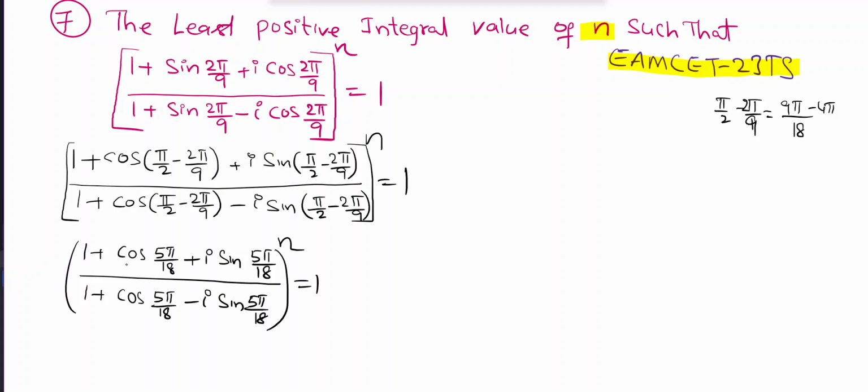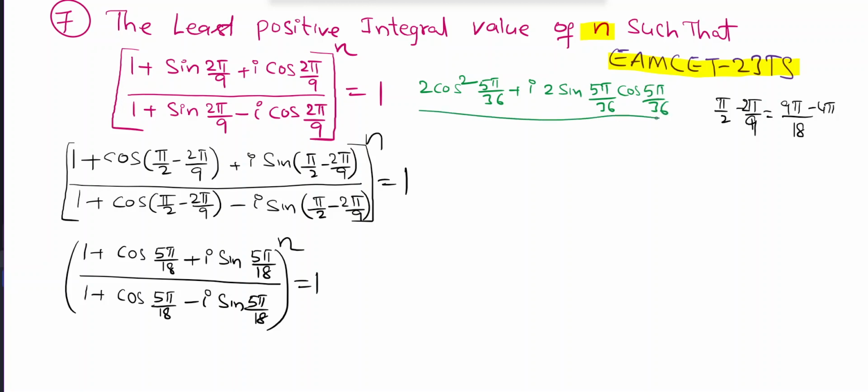This is 1 plus cos theta. We know that 1 plus cos theta is 2 cos square theta by 2. That is 5 pi by 18 by 2, this is 5 pi by 36. And sin theta is 2 sin 5 pi by 36 cos 5 pi by 36.